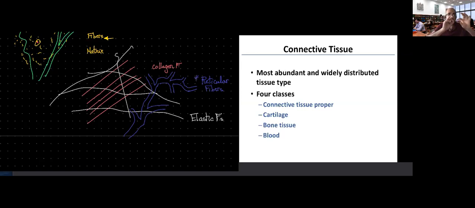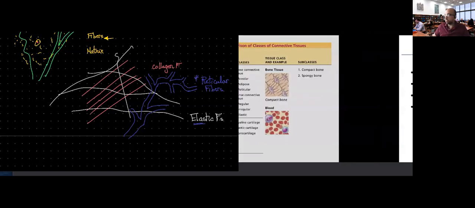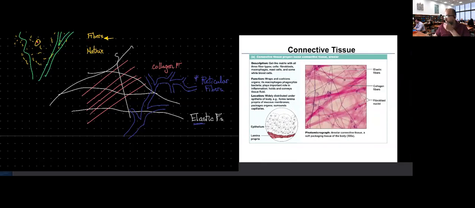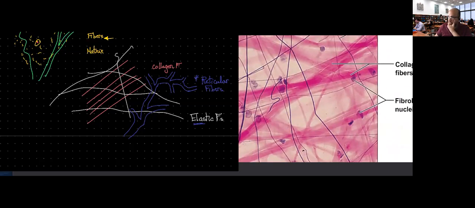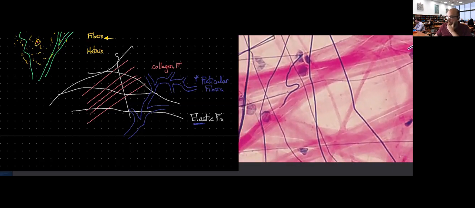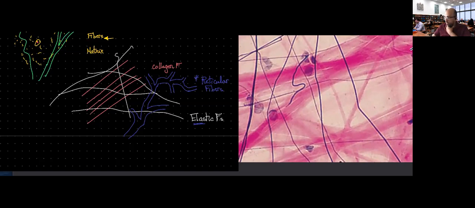And we have thin, darkly stained long fibers, those are my elastic fibers. So let's check if you will be able to identify the different types of fibers. What do you think is this one?